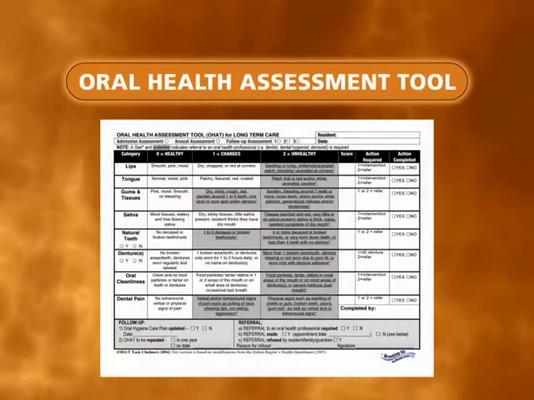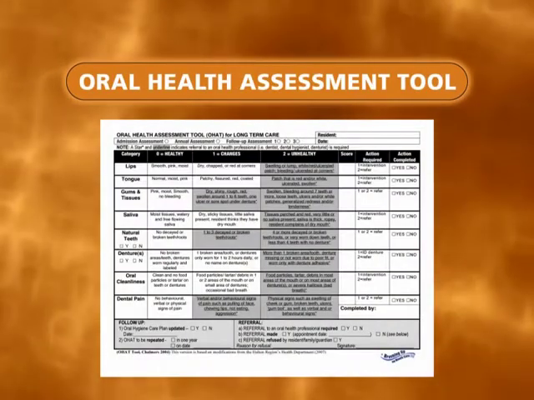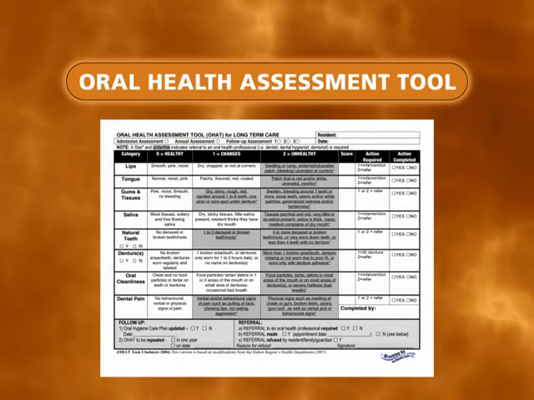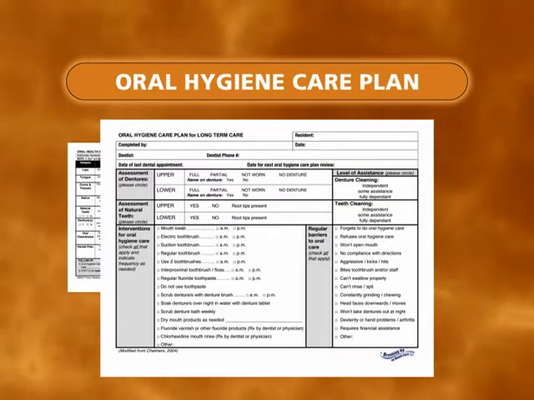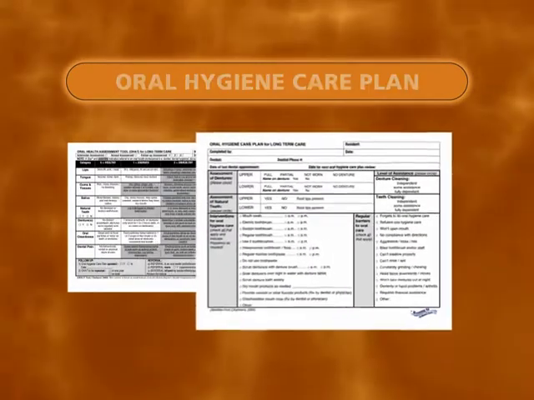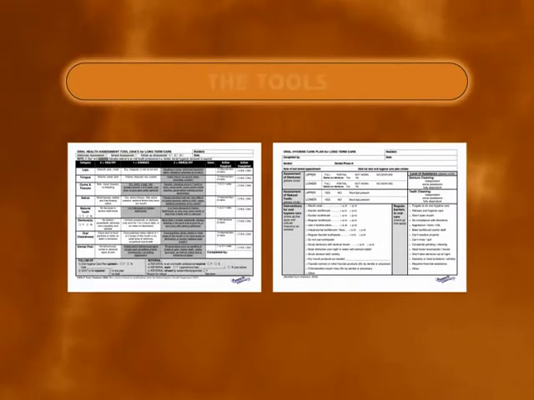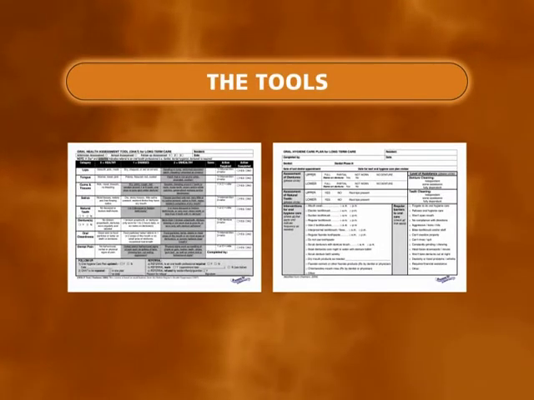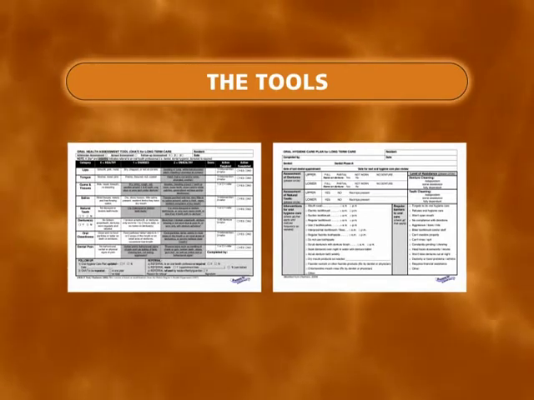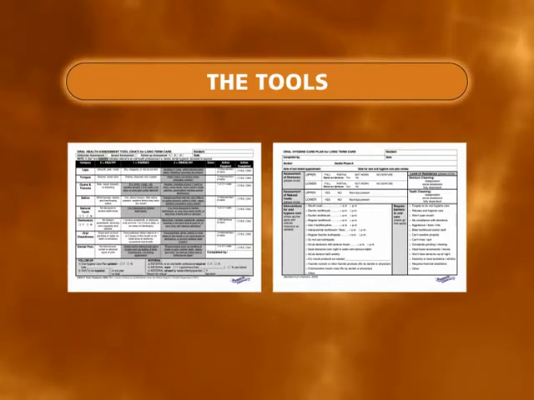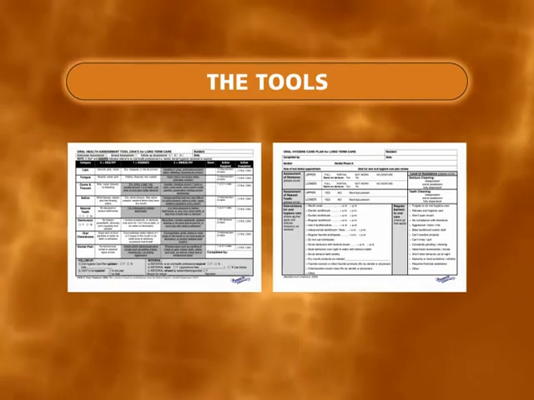First, we will describe an oral health assessment tool developed for nurses working in the continuing care sector. Second, we will provide an overview of an oral hygiene care plan tool that is meant to guide daily care once an assessment has been done. We will provide practical step-by-step guidance on how to use these tools in order to develop or update a resident's oral care plan.